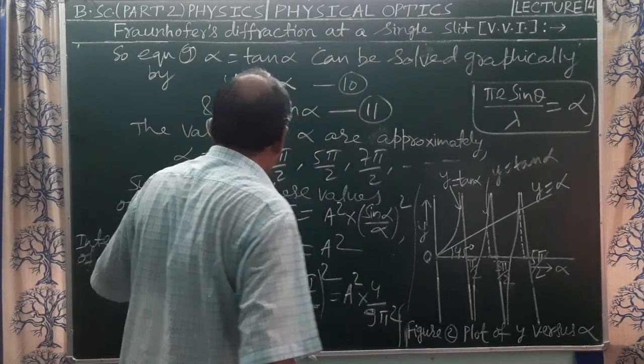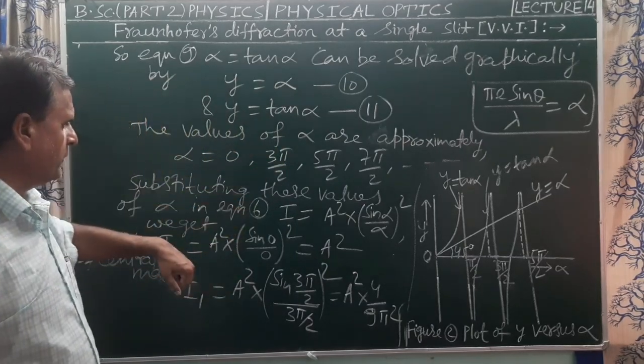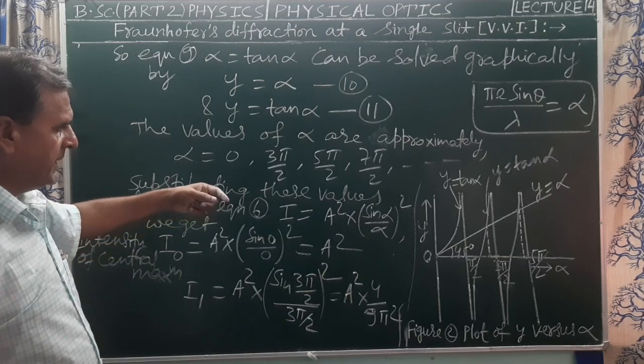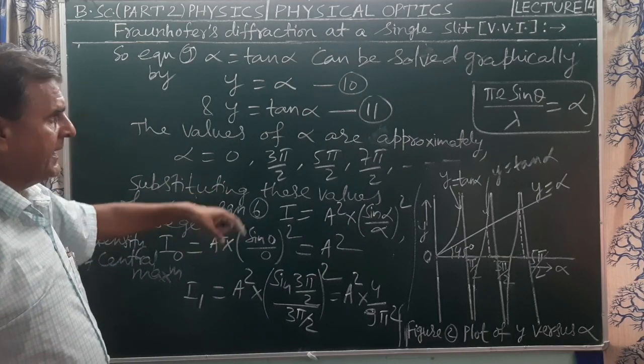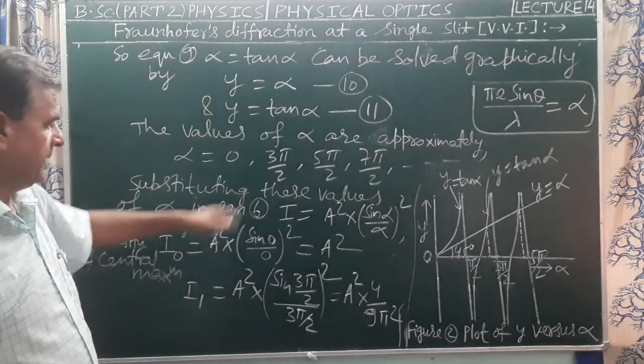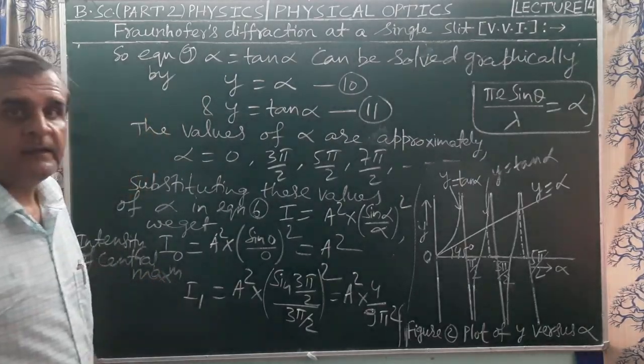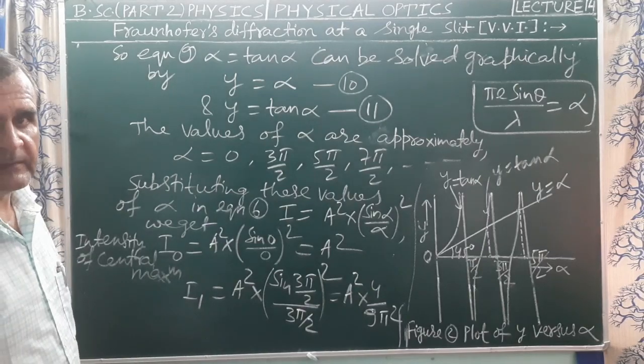If we put alpha equal to 3 pi by 2 in equation 6, that is the equation of resultant intensity at point P of the screen, we get the intensity of first subsidiary or secondary maxima.